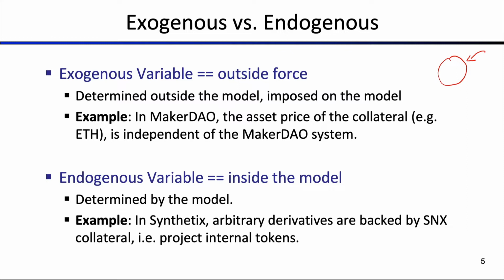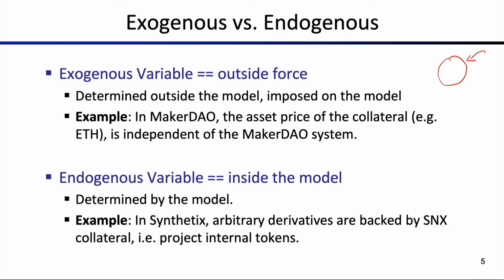I think a great example is actually MakerDAO, which you've already seen. In MakerDAO, the asset price of the collateral, so you're collateralizing ETH, right, is independent of the MakerDAO system itself, at least as long as the MakerDAO system is not excessively large in comparison to the Ether ecosystem.